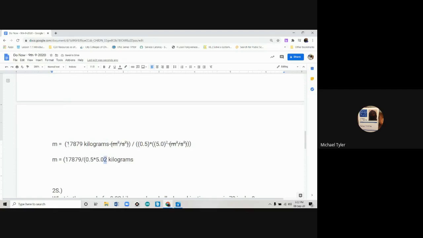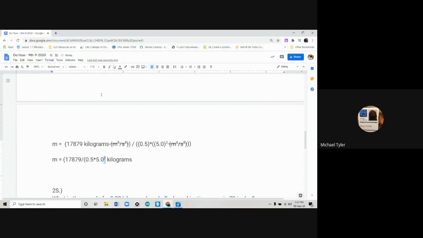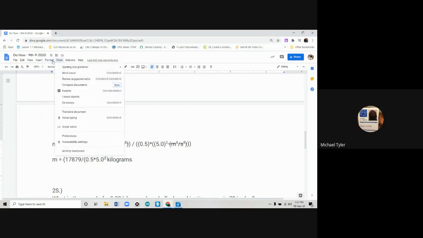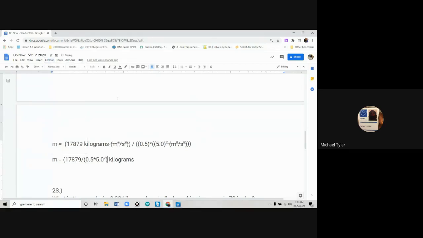If you look above, it's squared. So I'm going to come here, format, superscript, and press the arrow key over once, turn that off so it doesn't keep typing that way, and close parentheses. So that's our equation for Symbolab.